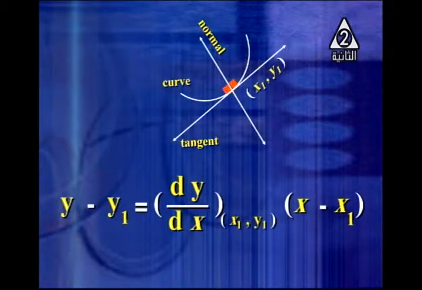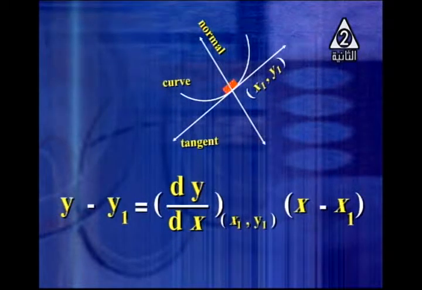What is m? The slope of the straight line which touches the curve. Then the equation is y minus y1 equals dy over dx at this point x1, y1, times x minus x1. Remember, dear student, the tangent touches the curve at point x1, y1.